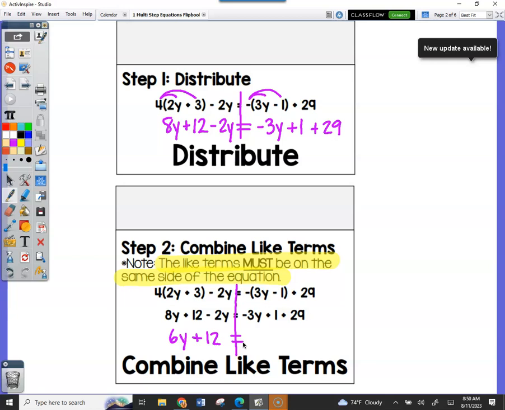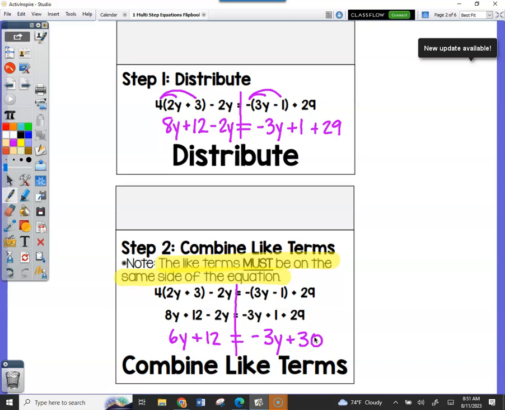And then on the right, we have negative 3y plus 1 plus 29. So what would that give me? Plus 30. So we distributed, we checked each side and combined like terms.